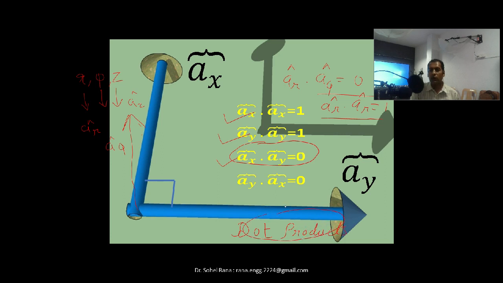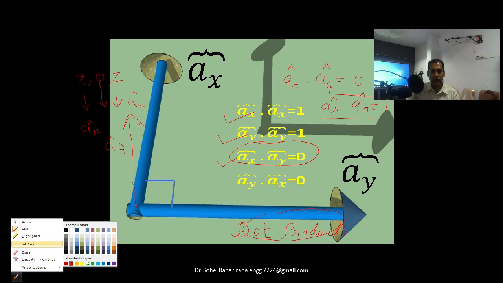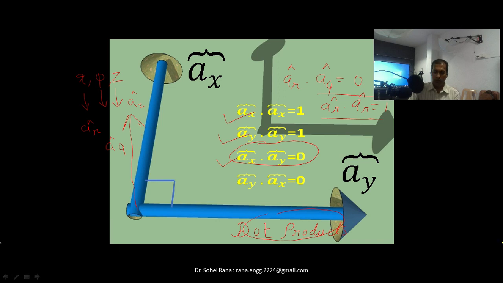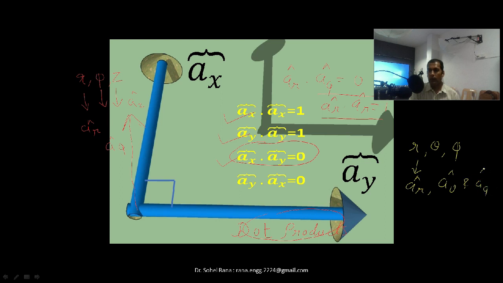For the cross product, it will be opposite. That also we will see. As we have seen for the cylindrical coordinate system, similarly we will see for the spherical coordinate system. What are the components for the spherical coordinate system? We may have r, theta and phi. For these three, the direction components will be ar cap, a theta cap, and a phi cap.